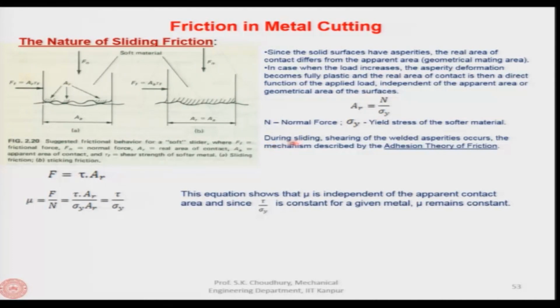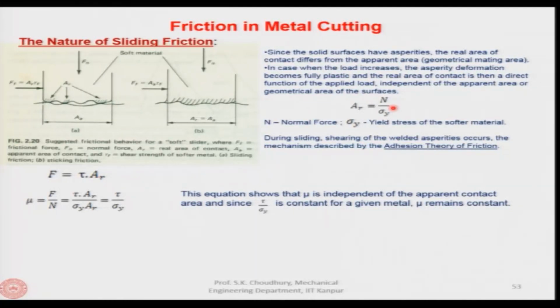Now, during sliding, when they start sliding on each other, these welded asperities will be broken, and the mechanism is described by the adhesion theory of friction, which gives rise to a formula for the friction force, determined by the product of the shear stress tau and the real area of contact between the surfaces.